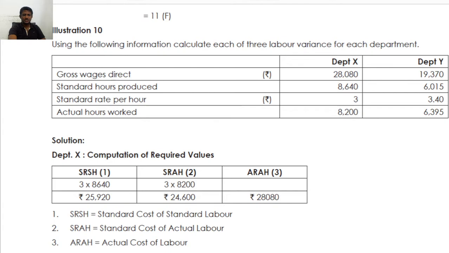So this is the question. I will work out department X first. So what is the formula?